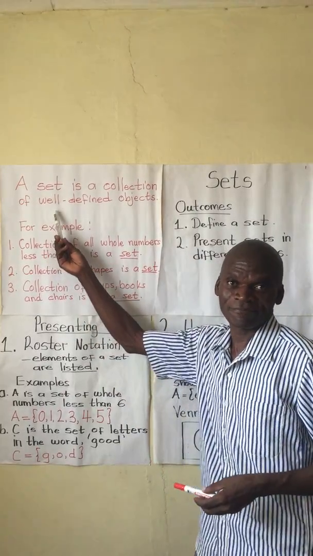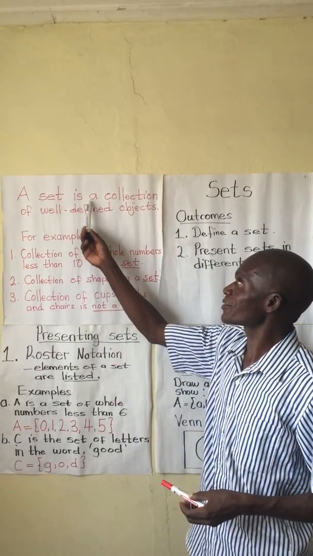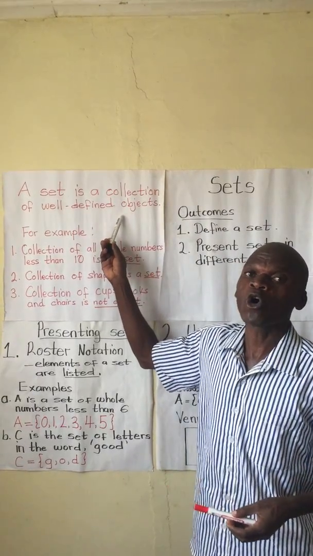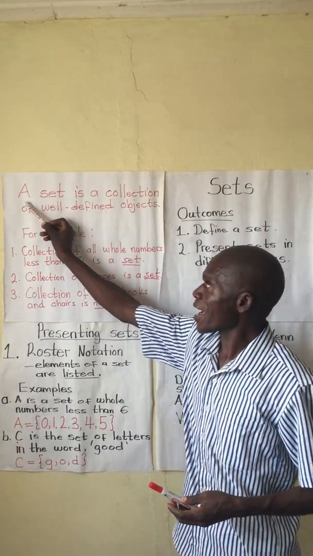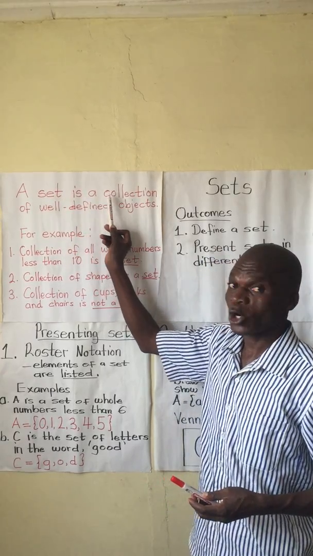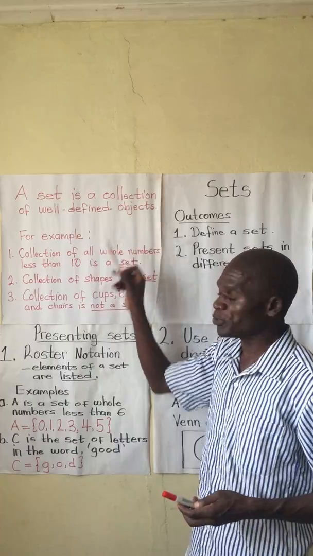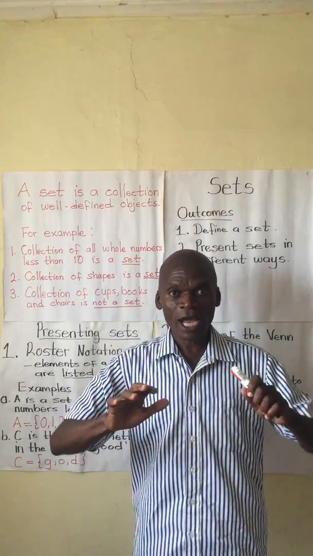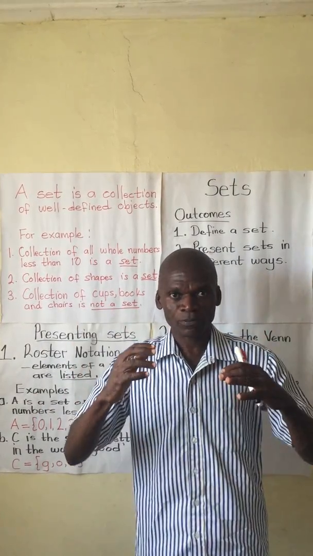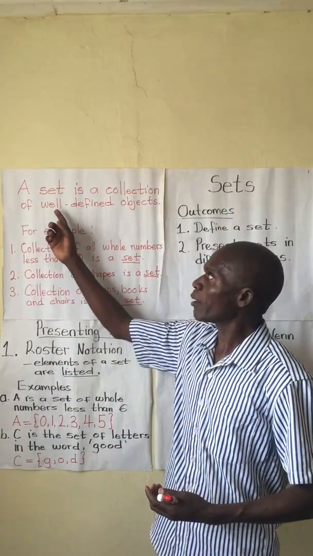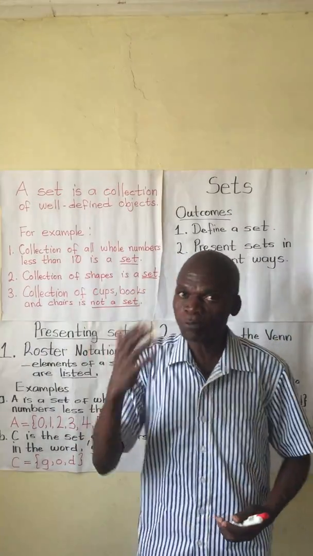So here we are. A set is a collection of well-defined objects. A set is a collection of well-defined objects. So this set has to be a collection. It has to be a group of well-defined objects.